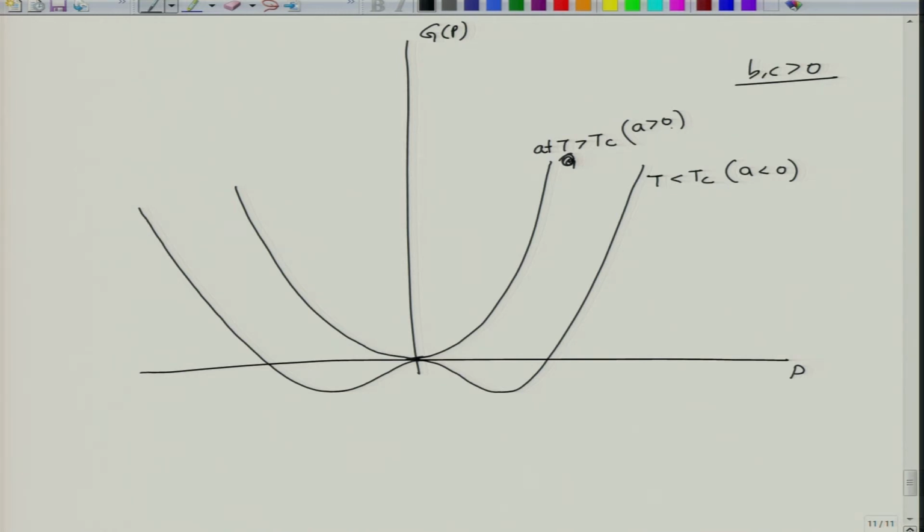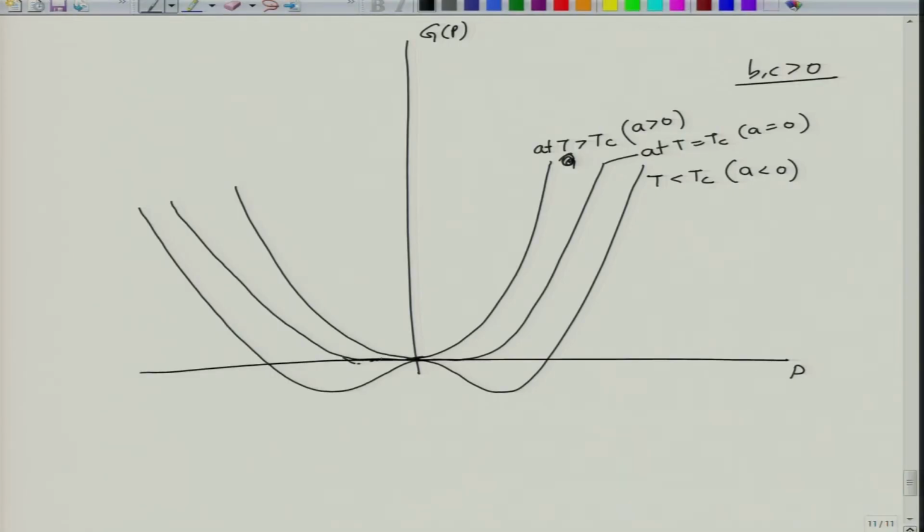It makes sense that A will go through a change of sign at T equal to Tc, where A is equal to 0, and that is where free energy shows a shallow sort of minima. So, there is a transition that takes place in the nature of the free energy curve. Just a little perturbation below Tc will give you two minimas like this.